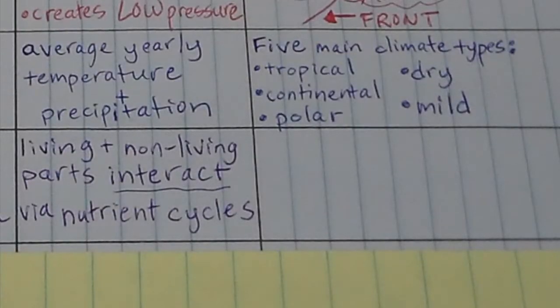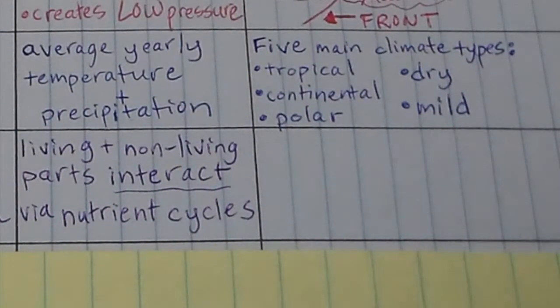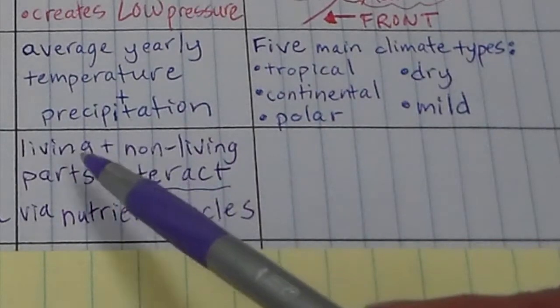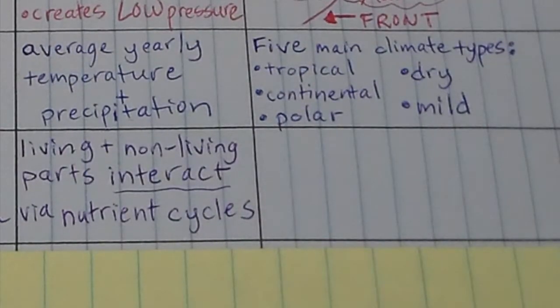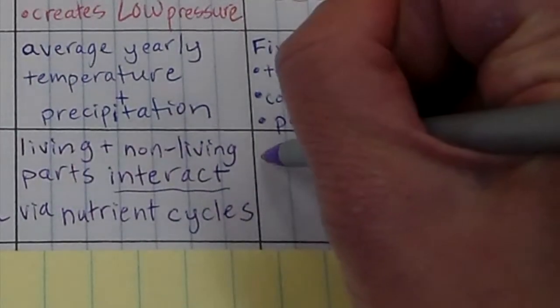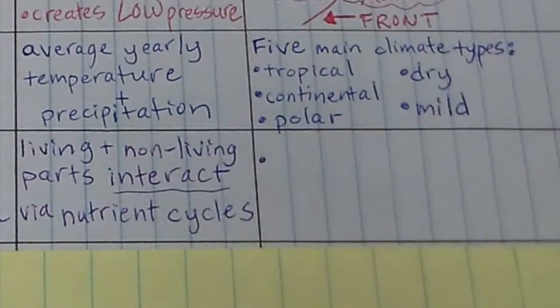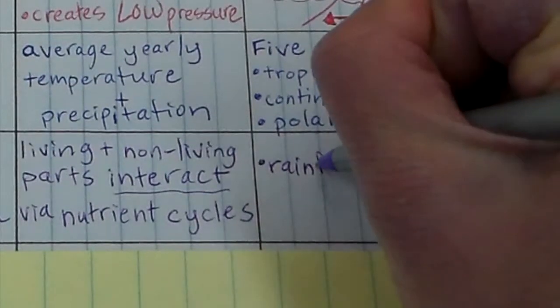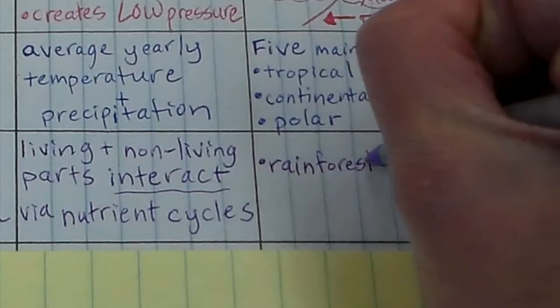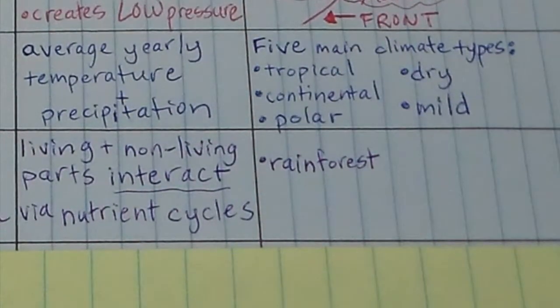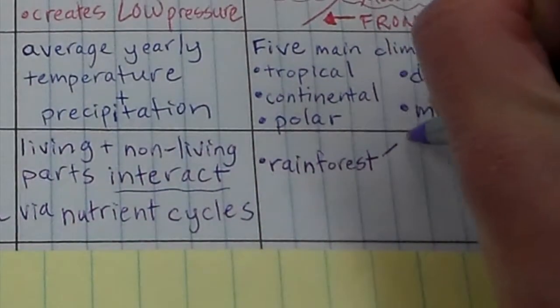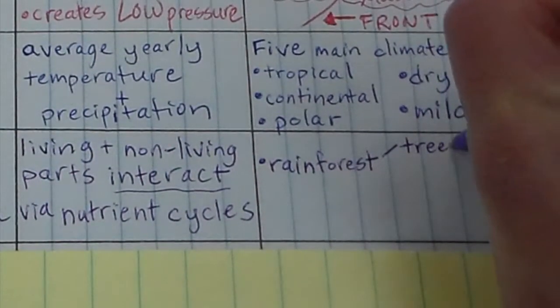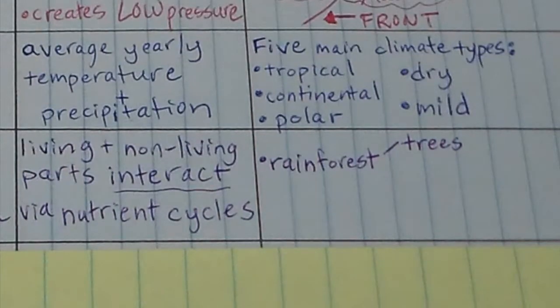So I'm going to do two examples of ecosystems, and then I'm going to break down a couple of the different living and non-living parts that an ecosystem has. I'm going to start with a land ecosystem, like a rainforest. In a rainforest, we definitely have lots of trees, which are living things.